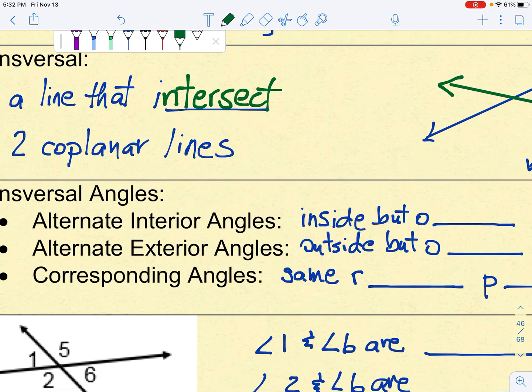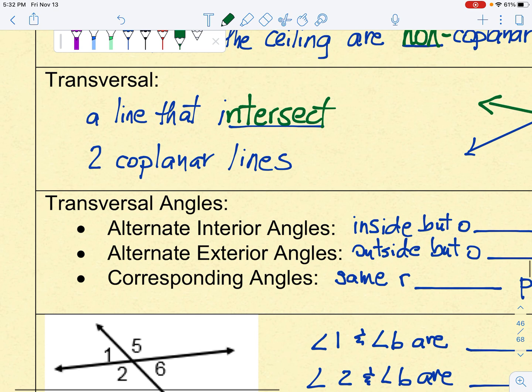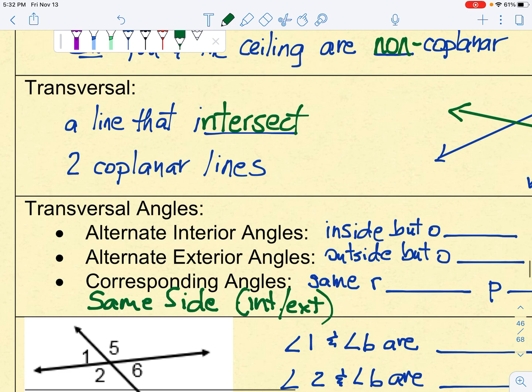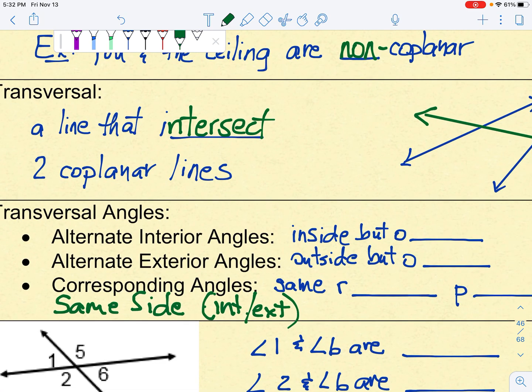Next, we have some phrases that we're going to use. Alternate interior angles, alternate exterior angles, corresponding. We should add to this same side. And that can be same side interior or exterior. All right, what is alternate interior? They're on the inside, they're on the inside, but they are opposite each other.